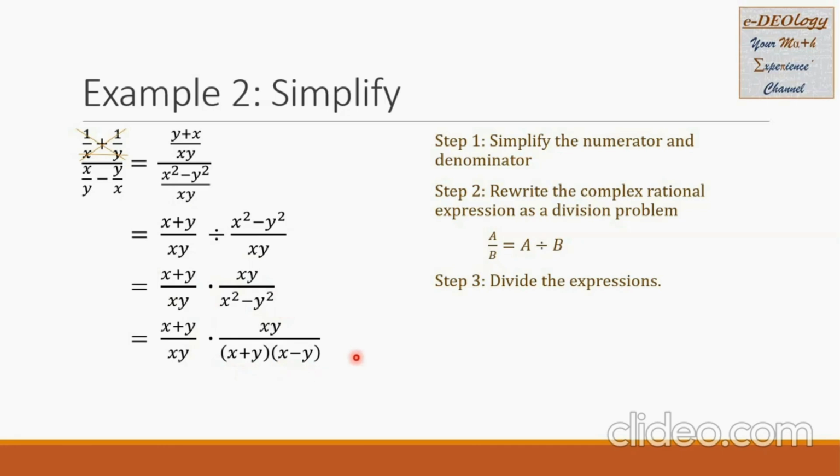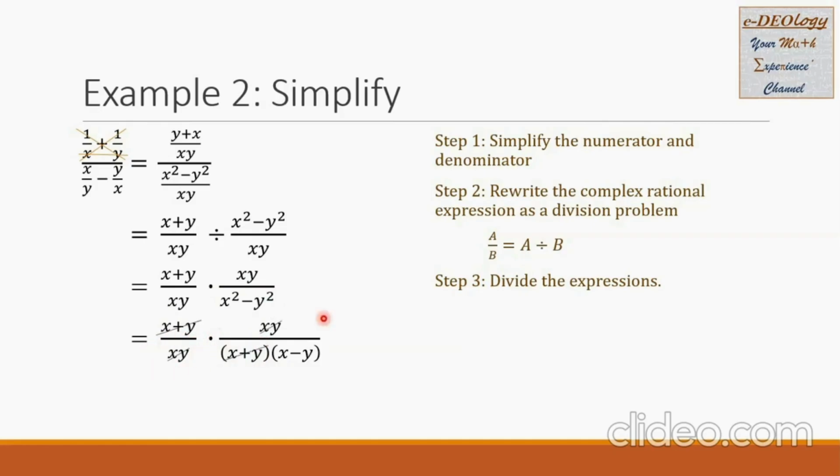And from here, let us cancel the common factors in the numerator and denominator. The x plus y is common with the x plus y down here, so we can cancel that. Our xy here can be cancelled with the xy down here.